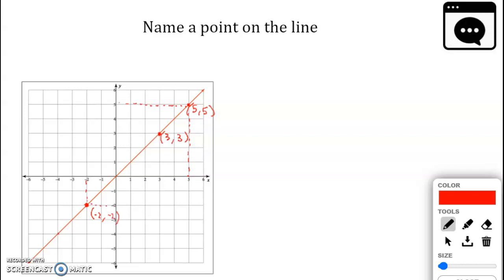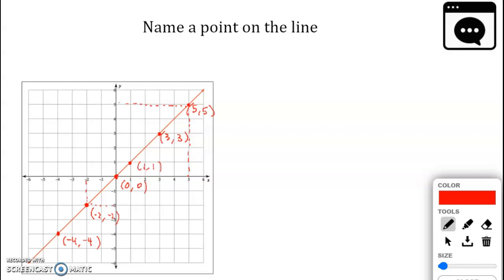What about this? That's (-4, -4), isn't it? What about this one? This will be (0, 0). And this (1, 1). Okay, let's do some in-between points.